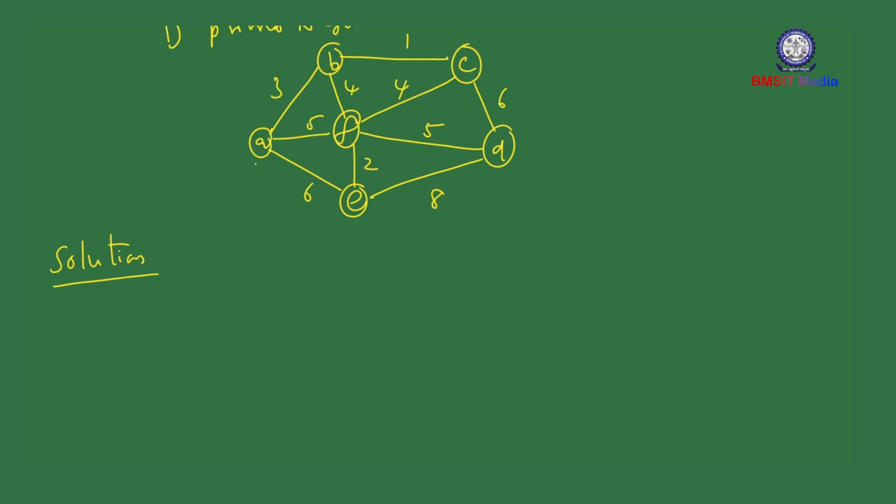Here the first column is called the tree vertices, and the second is called the remaining vertices.